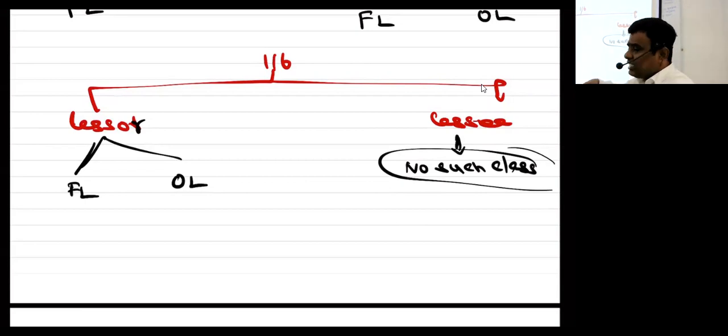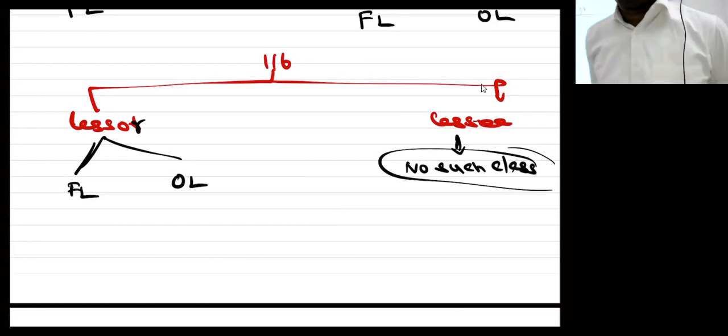Is it clear? In the existing standard, we had two different classifications for both lessor and lessee. But here there is no such classification. Are you clear? Everybody? Okay, so that is the main point which you have to understand.